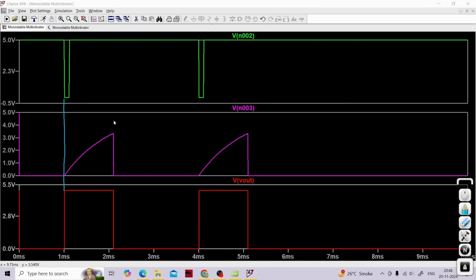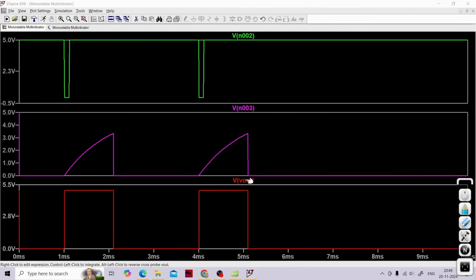Till what point? Till 2.1 millisecond, right? So this point should be 2.1 millisecond, and this is 1 millisecond. The time interval between both of them is my T on time, which is 1.1 millisecond. I hope this part is absolutely clear.